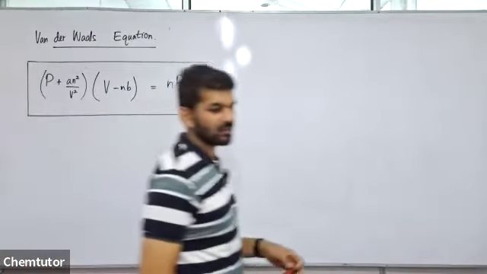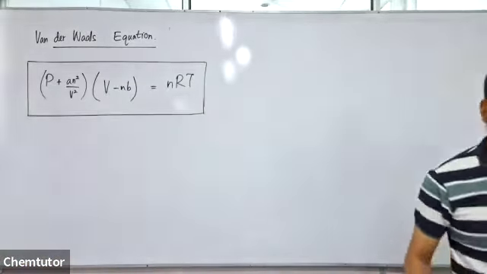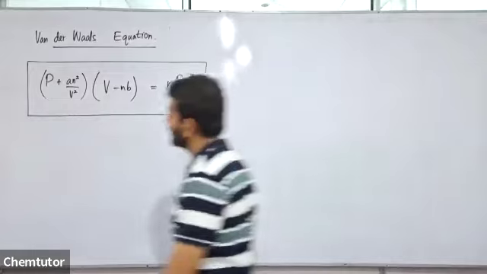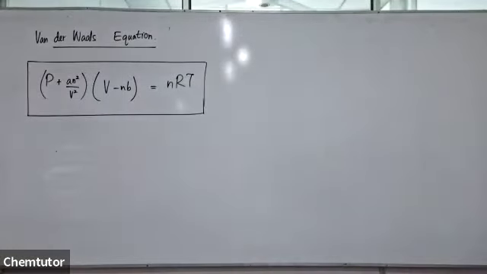So this is the Van der Waals equation after the correction. So after making the correction, we can write it like this, Van der Waals equation.